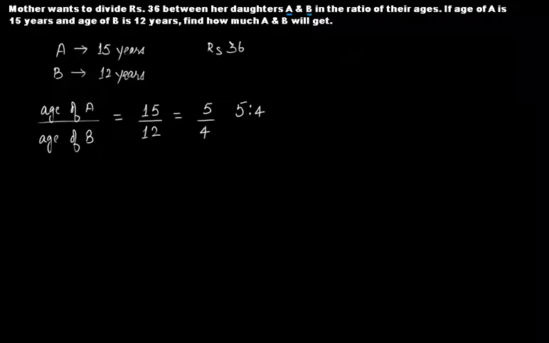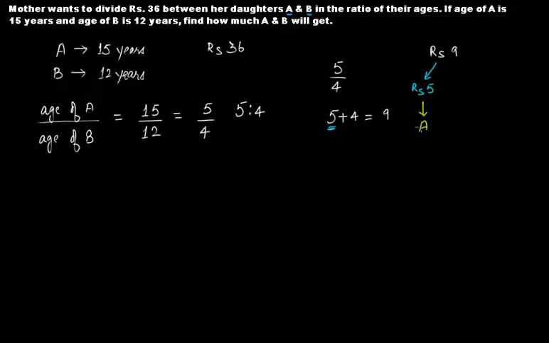Now we have the ratio 5:4, that is 5 to 4. If I add these two numbers, this will give us 5 plus 4 equal to 9. What does that tell us? It tells us that if mother has rupees 9, then 5 parts, that is rupees 5, will be of A, that is daughter A. Because this is age of A to the age of B, and that is 5:4.